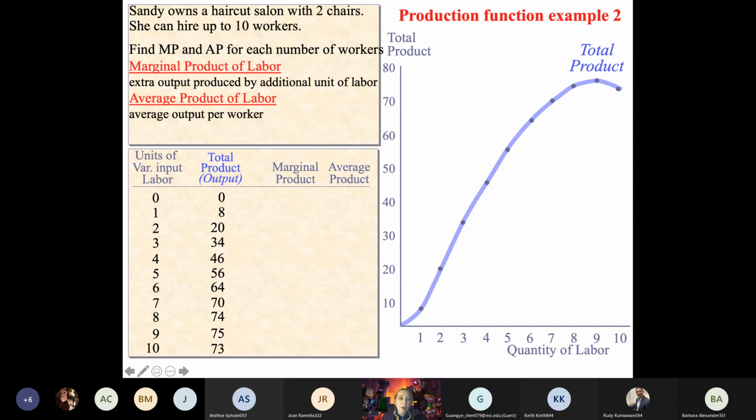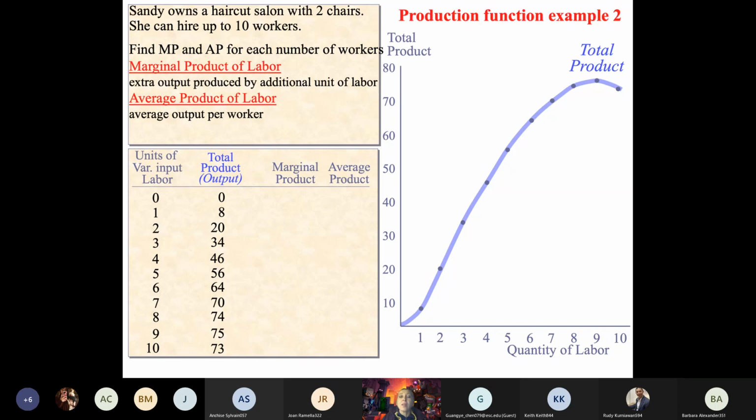But then there comes a level of production where adding a next person does not increase your output as much. And that's the story of marginal product. Remember, marginal means extra product of an extra worker.